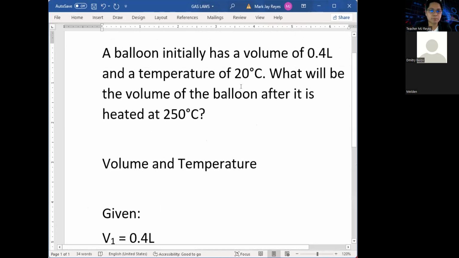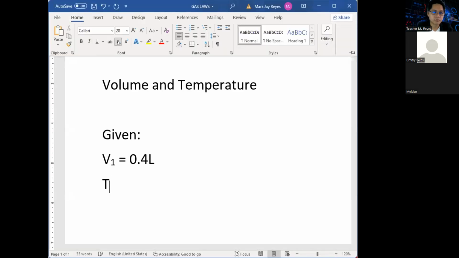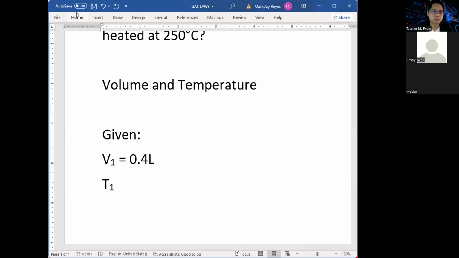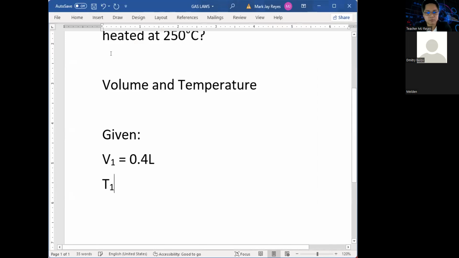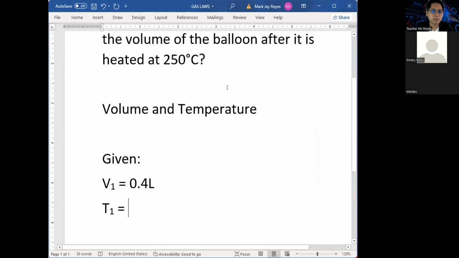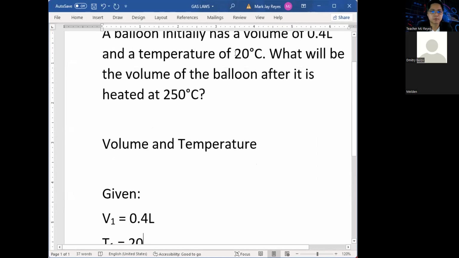And we have also two temperatures here, which are 20 degrees centigrade and 250 degrees centigrade. So this is T1, temperature 1, which is 20 degrees centigrade.